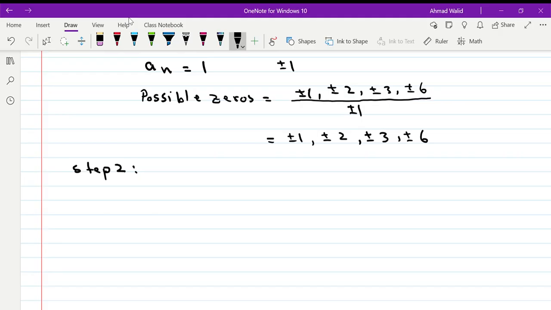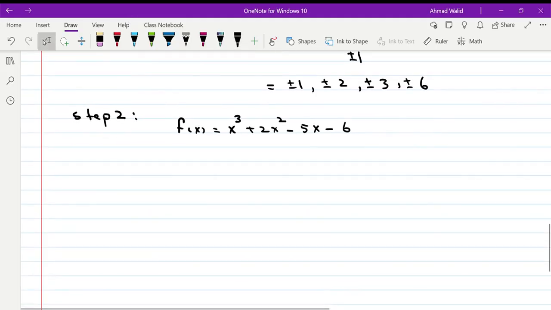Look, if I write the polynomial function here for you, my polynomial function was f of x equals x cubed plus 2x squared minus 5x minus 6. And if I do synthetic division, the coefficients are 1, 2, negative 5, negative 6.